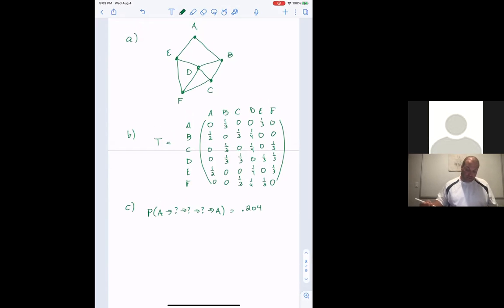A, 1, 2, 3, yeah, I see a few ways of doing it. A to B to A to B to A, or A to E to A to E to A. So 1, 2, 3, 4, or A, B, D, E, A, or A, E, D, B, A. That way, there's four ways.